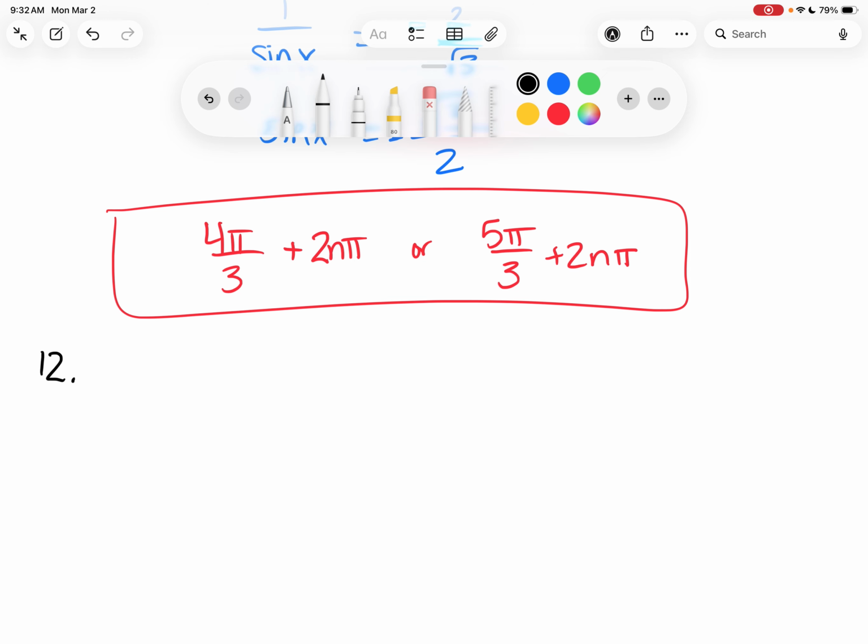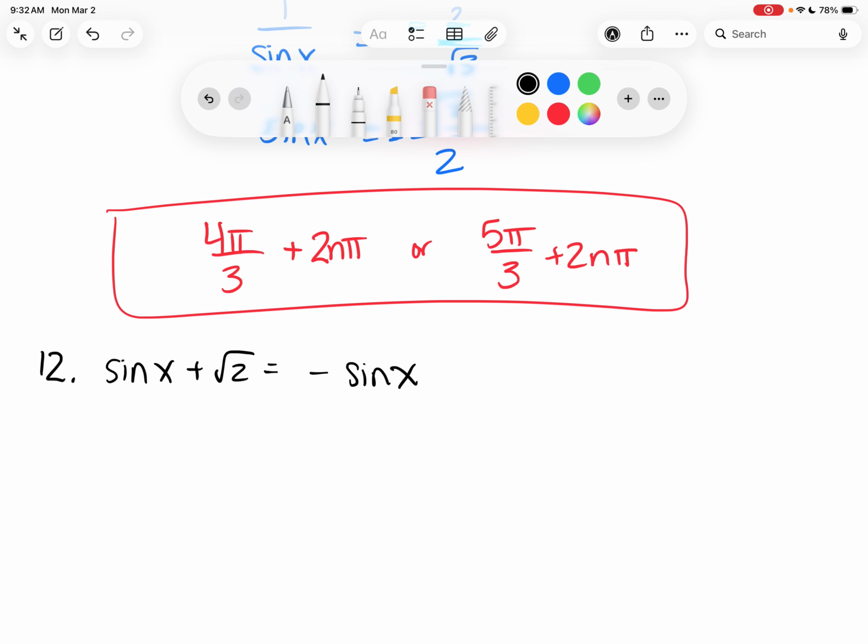Number 12. Sine of x plus the square root of 2 is equal to negative sine of x. These ones are still general solution problems.